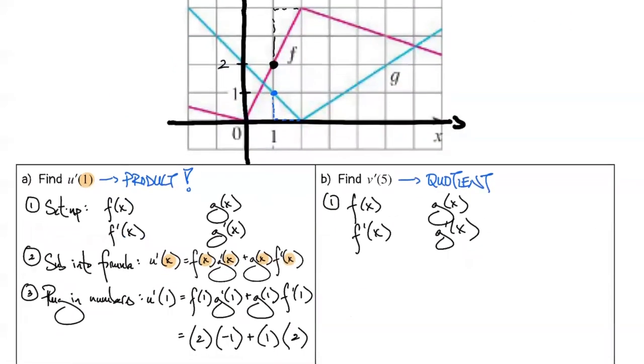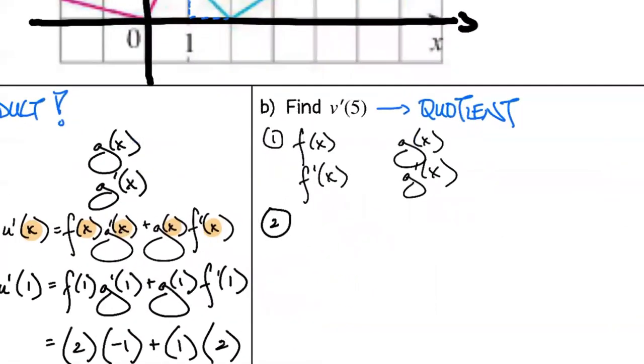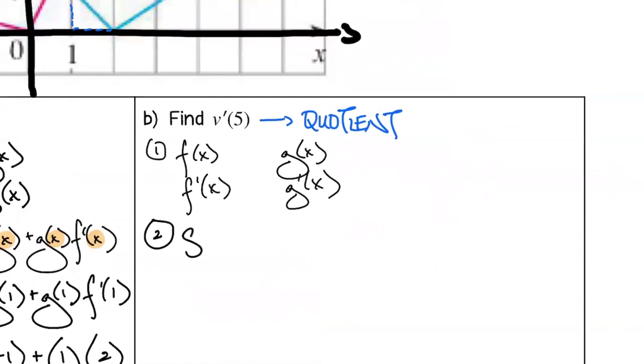We're going to be really patient and say no plugging in numbers until the very end, because otherwise we might make a mistake and get a bunch of zeros. If we want to sub everything into the formula, we have to use the quotient rule.